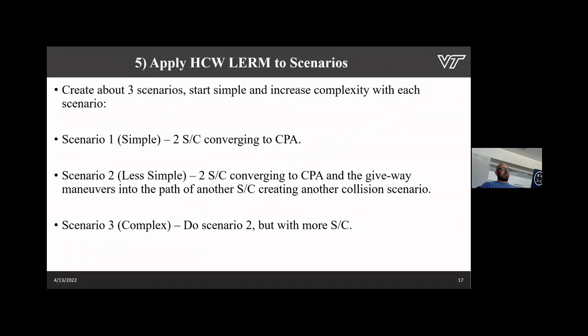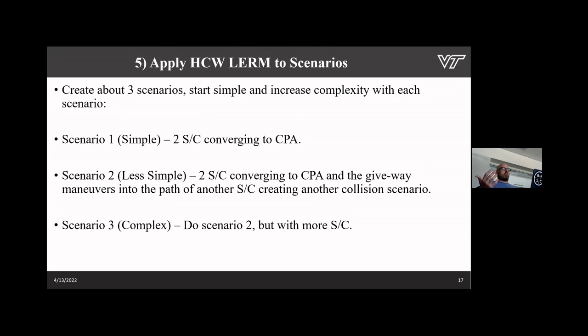What I'm going to do is create several scenarios going from simple to a little more complex. The first one I want to do is just 2 spacecraft converging to the CPA, 1 maneuvers away.